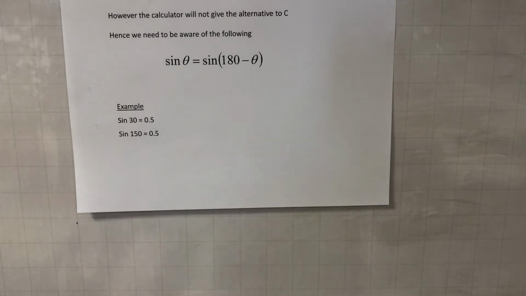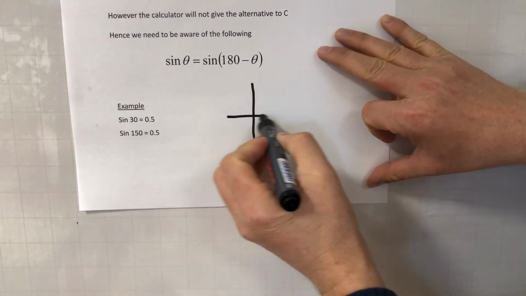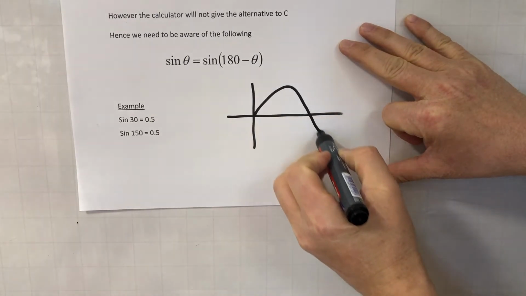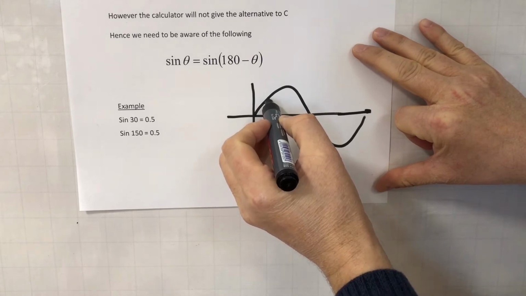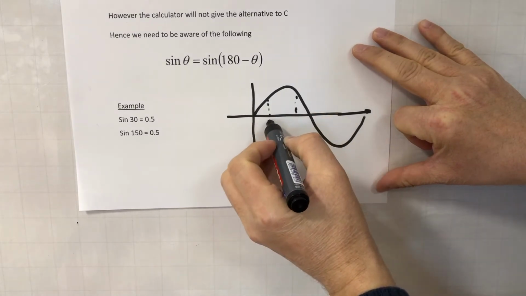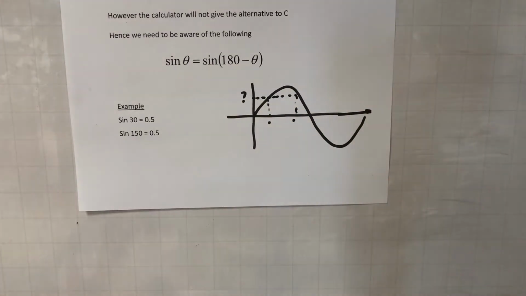In other words, thinking about the sine graph, which follows that sort of pattern, there are always two angles that come to one particular value.